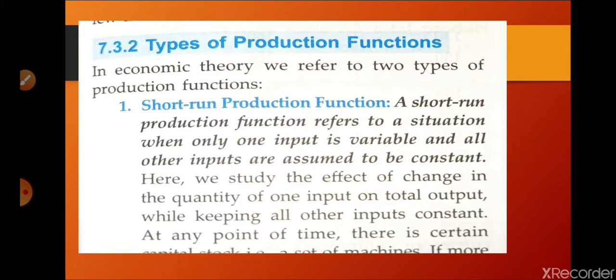I hope you understood that in short run production changes due to one variable factor, which is considered as labor, and other factors are fixed. No other factors are going to be changed. So the relationship between one variable input, considered as labor, and the output is known as short run production function. I hope you understood this concept.